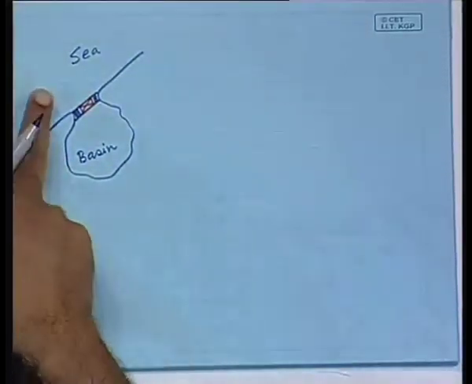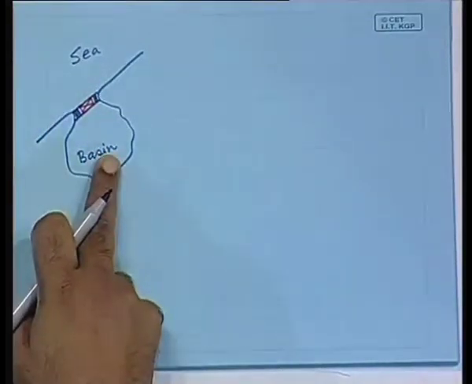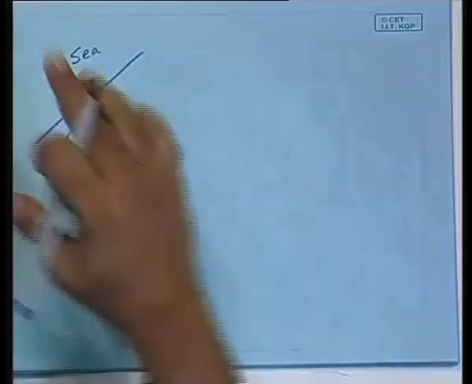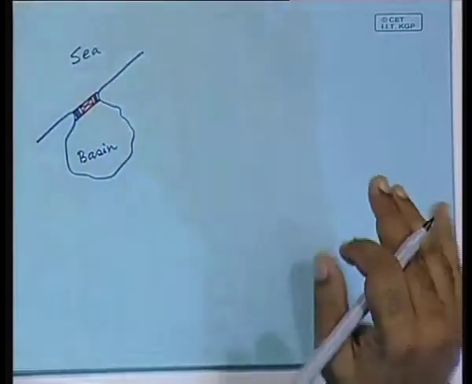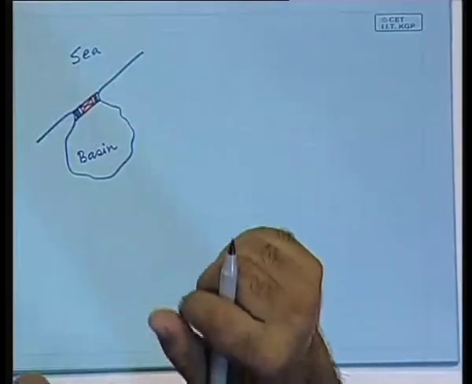What are the levels? There are two levels available, the sea level and the basin water level. The sea water level during the tidal variation would vary approximately sinusoidally, and the sinusoid will have a time period of how much? 12 hours 24 minutes. Within that there would be a full sinusoidal cycle of the sea water level. So, we can draw that.